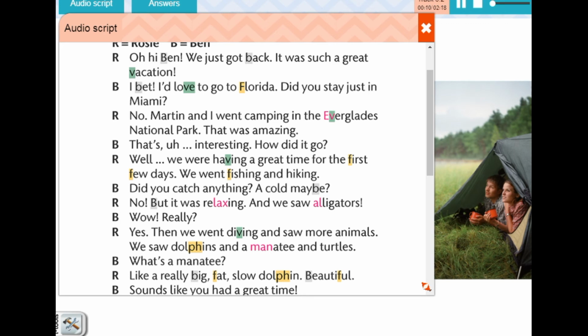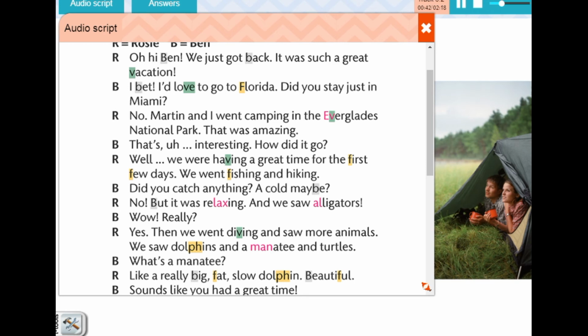Oh, hi, Ben. We just got back. It was such a great vacation. I bet. I'd love to go to Florida. Did you stay just in Miami? No, Martin and I went camping in the Everglades National Park. That was amazing. That's interesting. How did it go? Well, we were having a great time for the first few days.